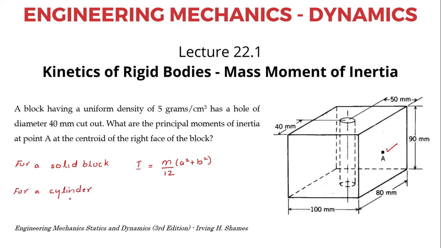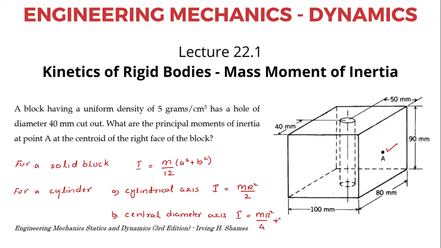Now for a cylinder, I can find the moments of inertia with respect to the cylinder axis, which is equal to mr square by 2, as well as the central diameter axis, I is equal to mr square by 4 plus ml square divided by 12.